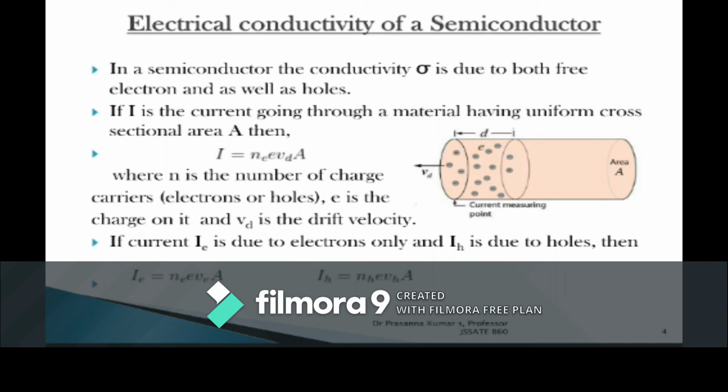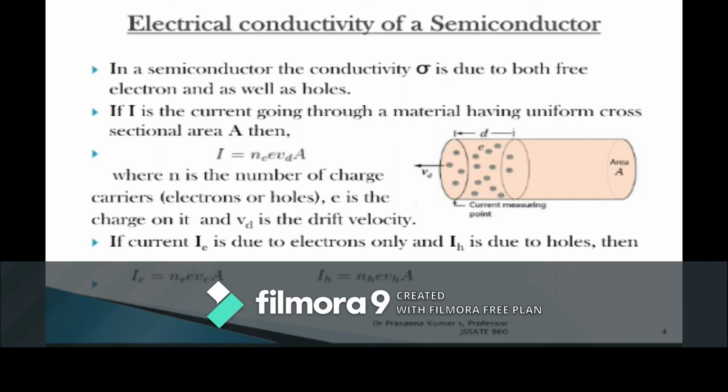Now it is told that in any semiconductor, the total current is always due to the sum of the charges moving, that is due to the electrons, and that is due to the holes as well. Therefore, I split the current purely with respect to the electrons and purely with respect to the holes.